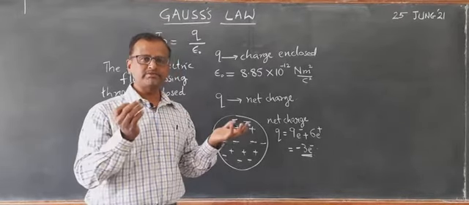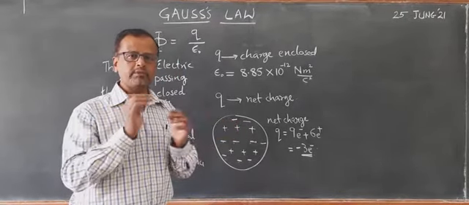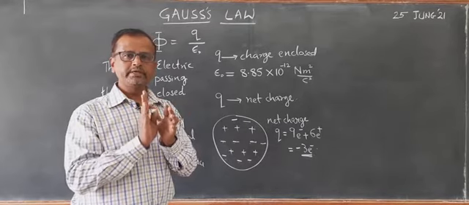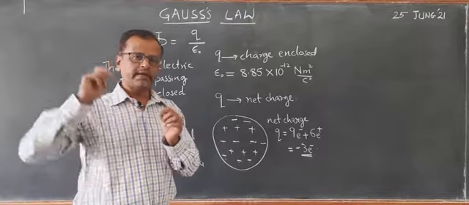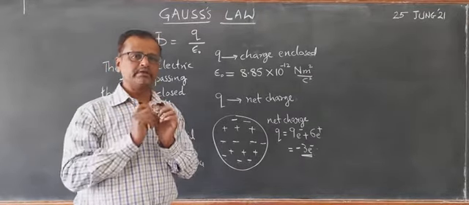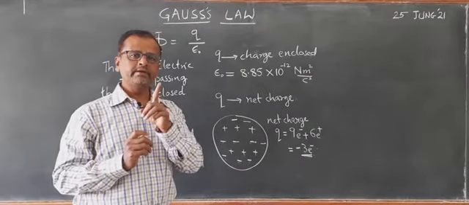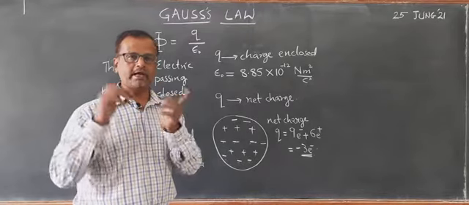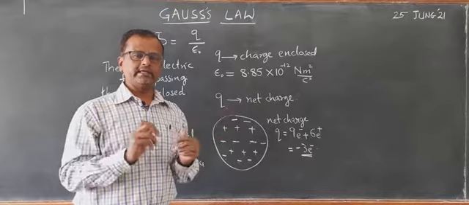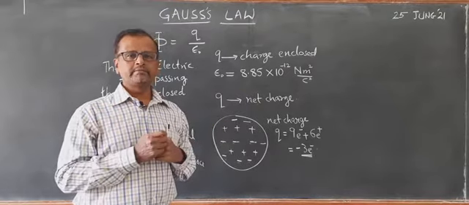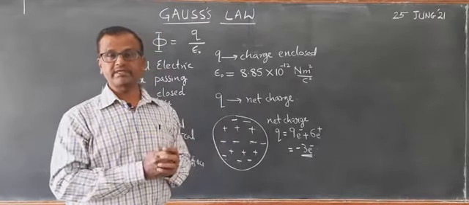The flux inwards means what? The normal drawn to the surface will be outward normal, whereas the electric field line is inward. So, angle between them will be obtuse angle, or angle between them will be, let us say, 180 degree. When the angle is 180 degree, cos 180 becomes minus 1. So, thus the flux becomes negative.